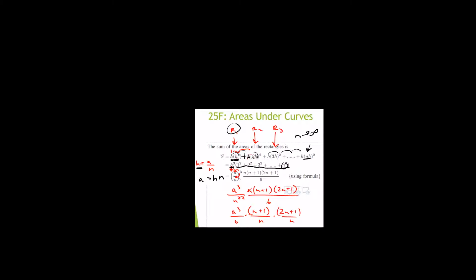So we're going to substitute in here for h, a over n. Now, the big thing I want you guys to see is all we're doing is algebraically manipulating things. What we're trying to do is create a scenario in which we have something that approaches 0.